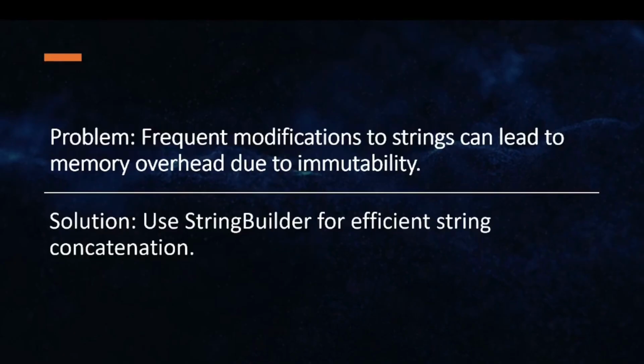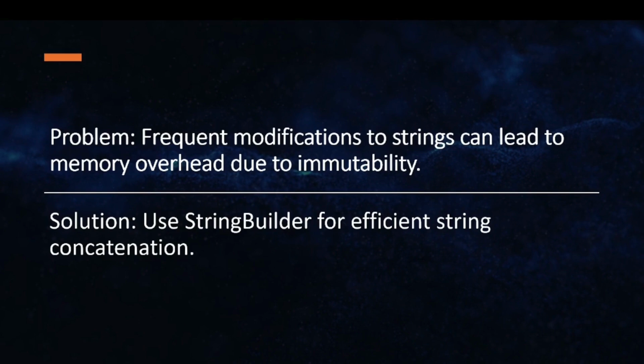Let's talk about a common performance issue when working with strings in C#. Because strings are immutable, which means once they are created they cannot be changed. Every time you modify a string, you're actually creating a new string in memory. This repeated creation of new strings can add up in terms of memory usage, especially if you're working with a large amount of text or making frequent modifications.